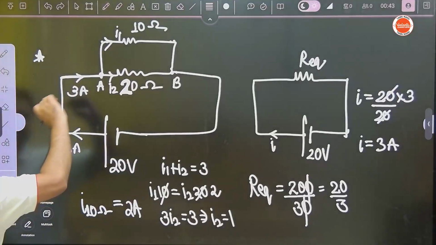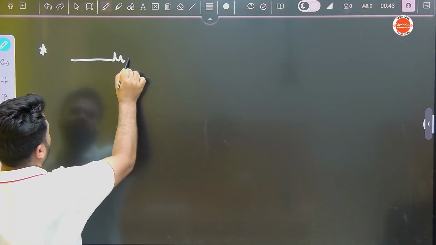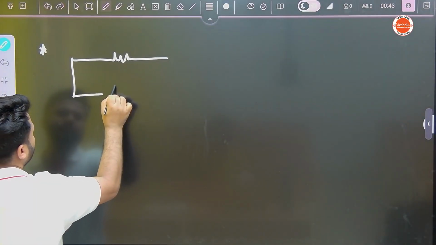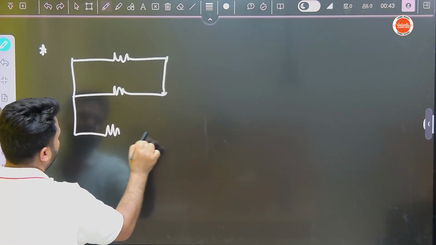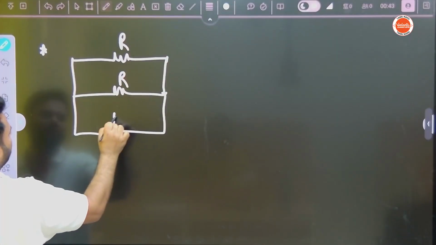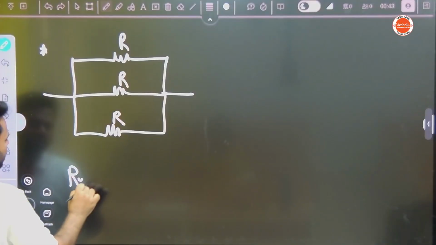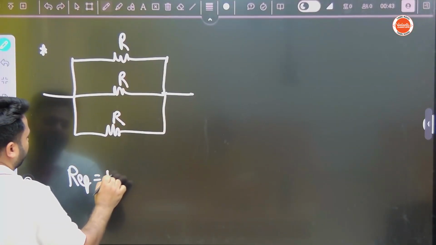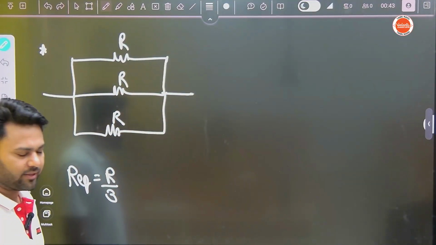One more thing, this will help to save your time. Suppose in parallel, we have a lot of resistors. Like suppose this is R, this is R, this is R. They are in parallel. So R equivalent will be R by 3. 1, 2, 3. If all are R, R by 3.